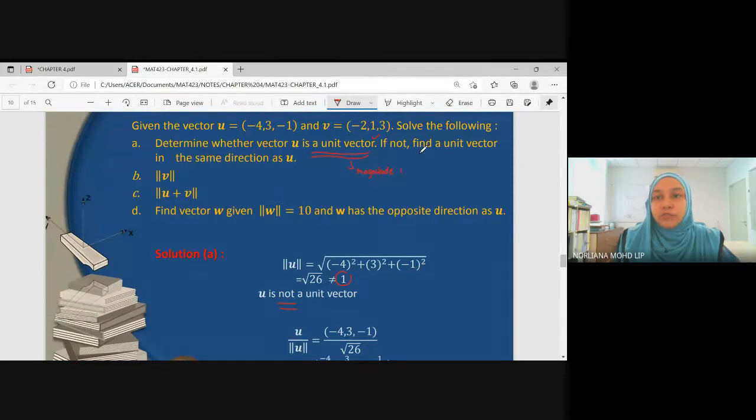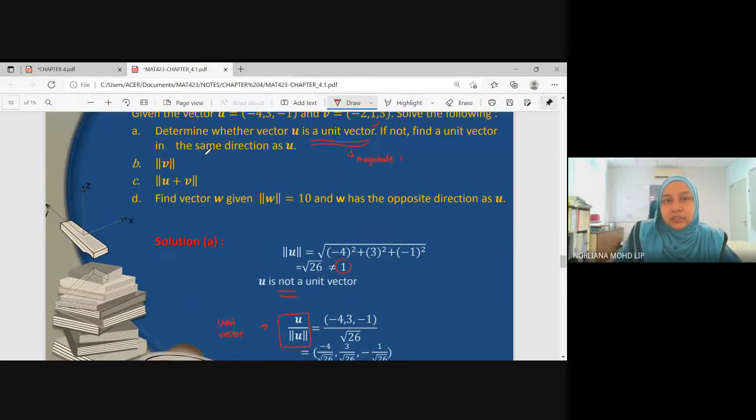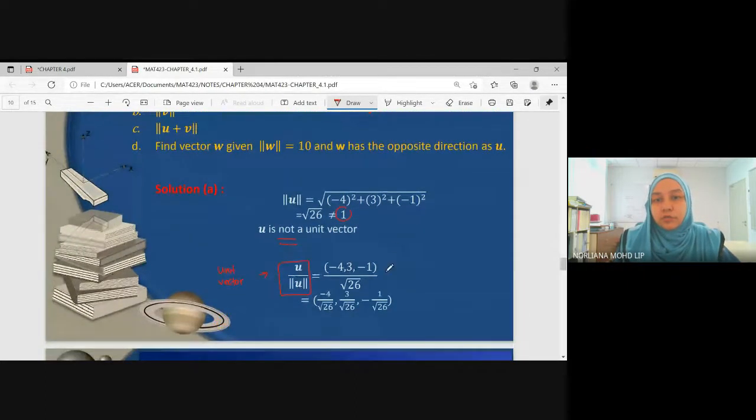Okay, if not, find a unit vector in the same direction as u. So for the unit vector, we have to find u over the magnitude of u. The question says same direction, so positive: u over magnitude of u.